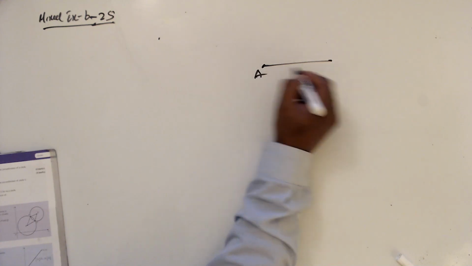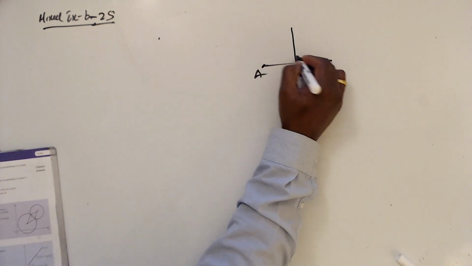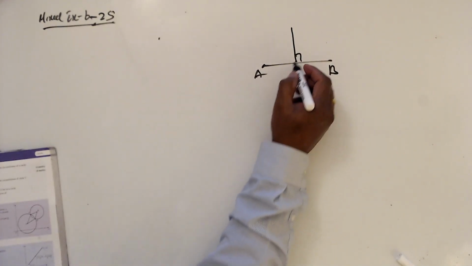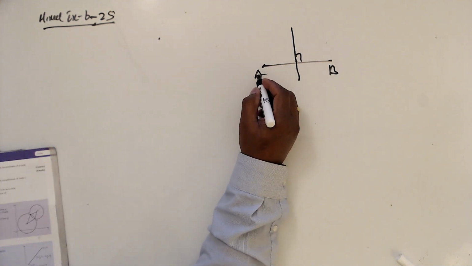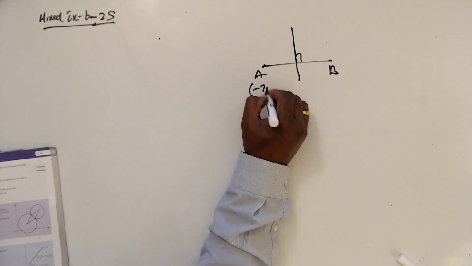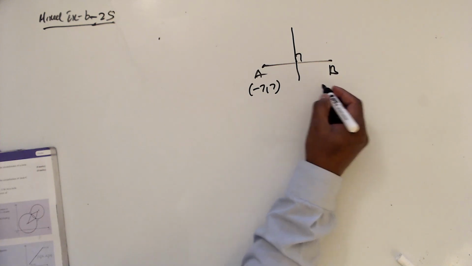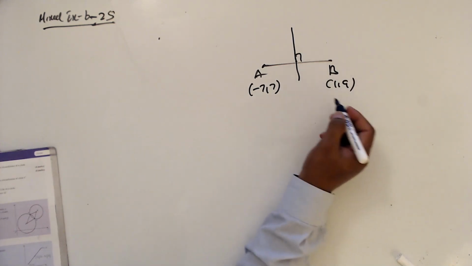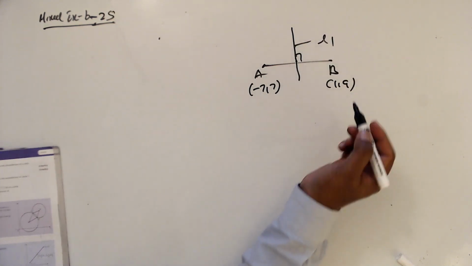So this is B, this is the perpendicular bisector. A point is minus 7, 7. B point is 1, 9. So I will take this as L1.